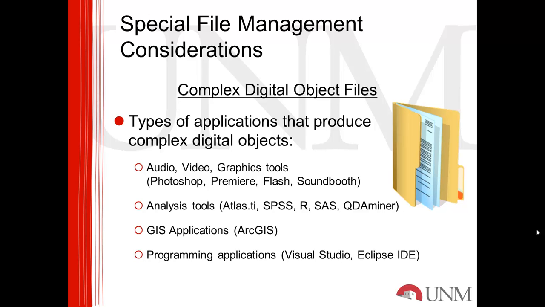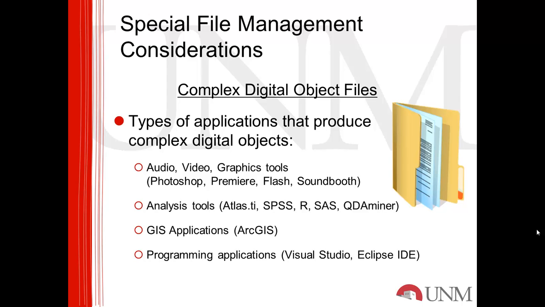Now, in the early days of personal computing, files were pretty simple objects. You had applications that generally produced one or two types of files as their output. Maybe in terms of an Office application, you had a document type of file output from a word processor, and then maybe you also had a template type of output from the same program, and that was about it.